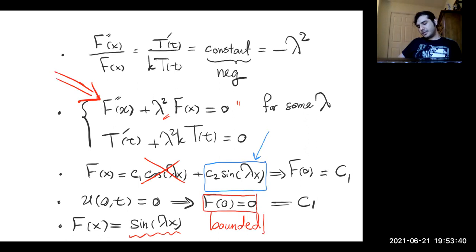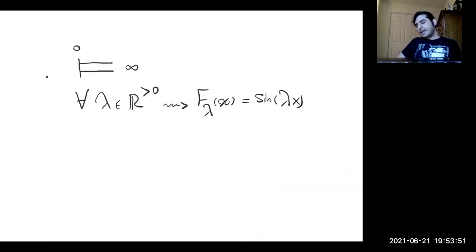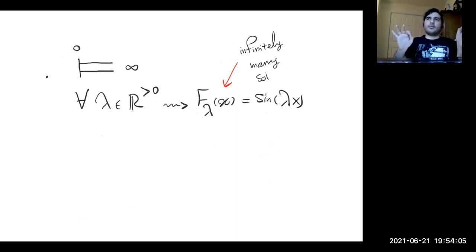The other one was telling us that f is bounded. Sine of lambda x satisfies both of them for any lambda. Here we are assuming lambda is positive. So we have infinitely many solutions to that equation. Not 1, 2, but infinite. For each lambda, we have one of them, and because we can change lambda, we would get infinitely many. And that infinitely many is uncountable because lambda can be any positive real number.